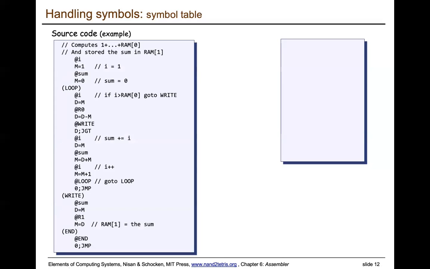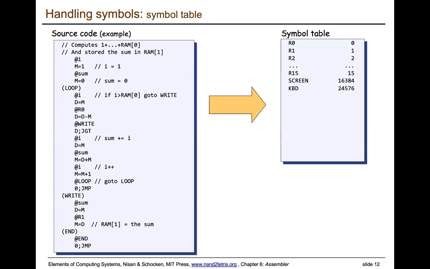The first thing the assembler will do, when you give it a symbolic version of code like this, is create a symbol table with the predefined symbols. The predefined symbols include 16 registers, R0 to R15.